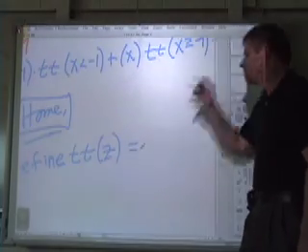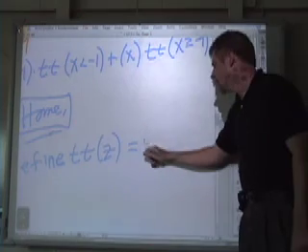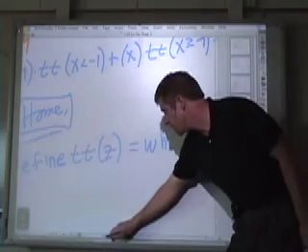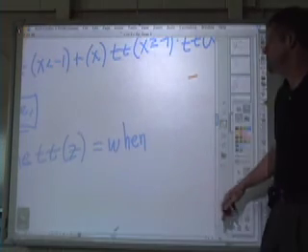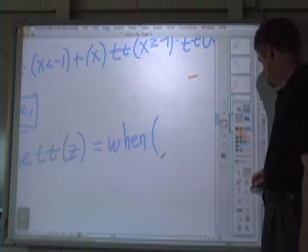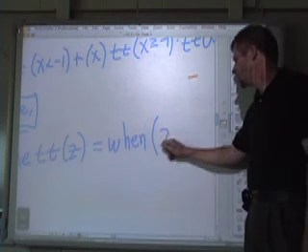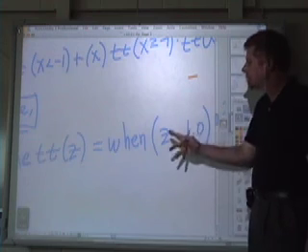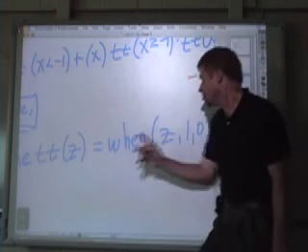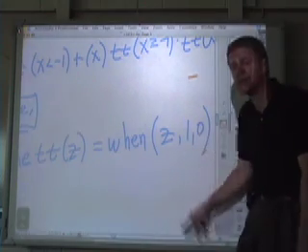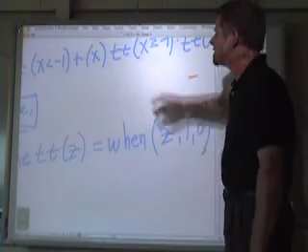Then type equals, and then go to Catalog again and press W. You'll get a when there. When, and type in z, 1, 0. What this means is that when z, the input to the tt function, is true, it'll spit out a 1, otherwise it'll spit out a 0. When you press enter on this, then this syntax will work.